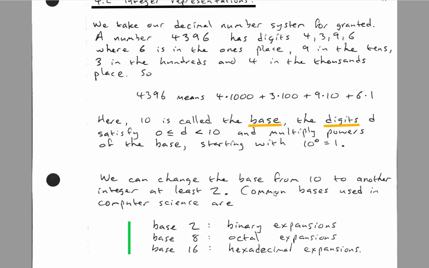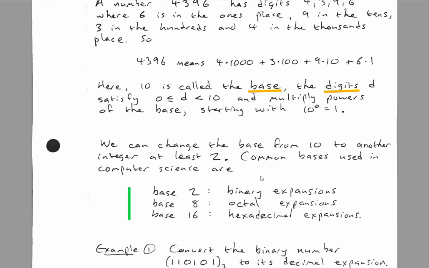We're used to base 10, but in computer science, base 2 is very common, so binary expansions. Base 8 and base 16. Base 16 is called hexadecimal, and base 8 is octal.